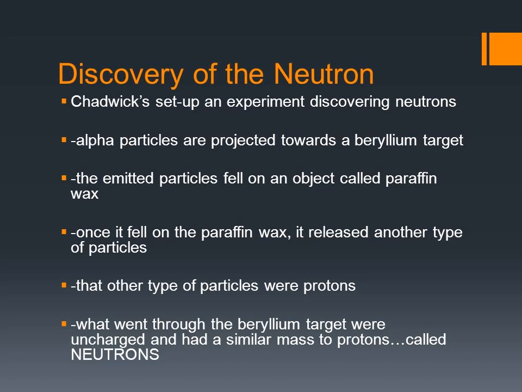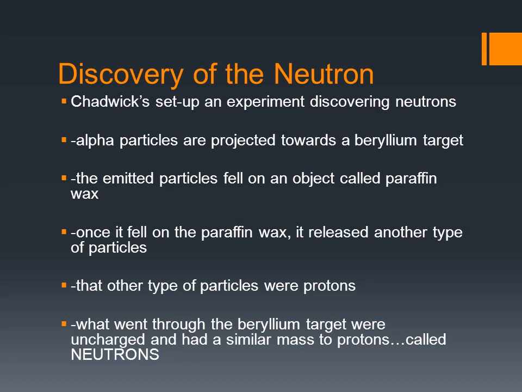Its mass is 1.676 multiplied by 10 power minus 24 gram, that is 1 AMU. So these are the properties of neutron.